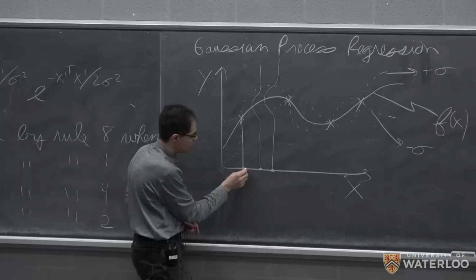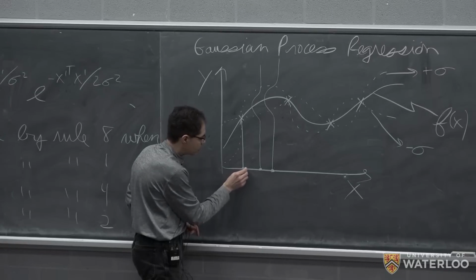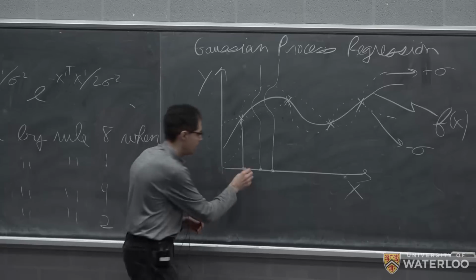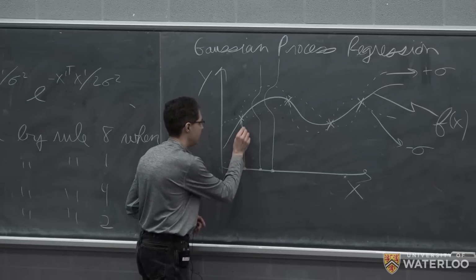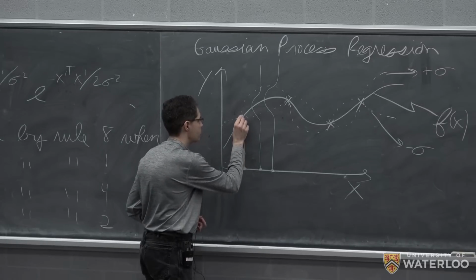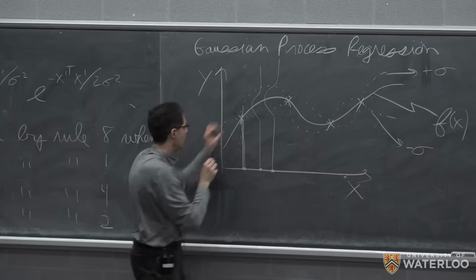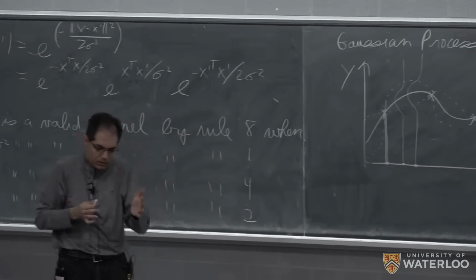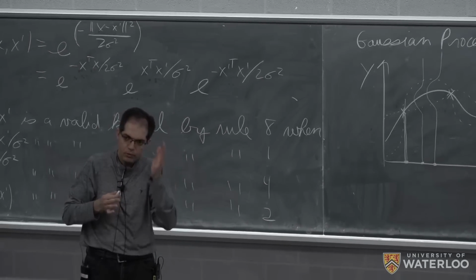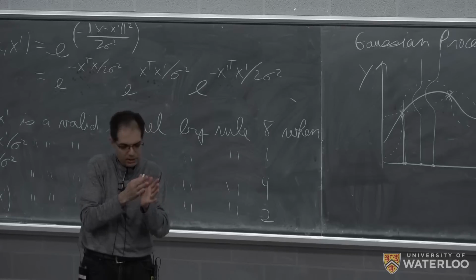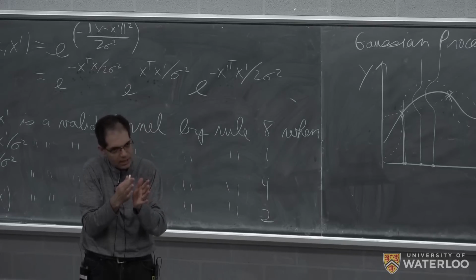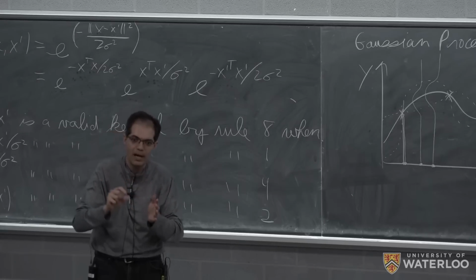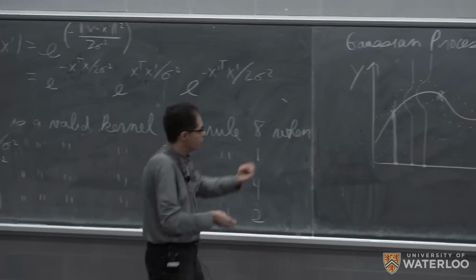Now if I consider another point that is arbitrarily close to the one that I've observed, right, then I would expect that there's very little uncertainty here, and it corresponds to this idea that if I condition on the value for a given point, then another point that is really nearby is going to have an output that should be also nearby, and therefore I'm going to have little uncertainty.